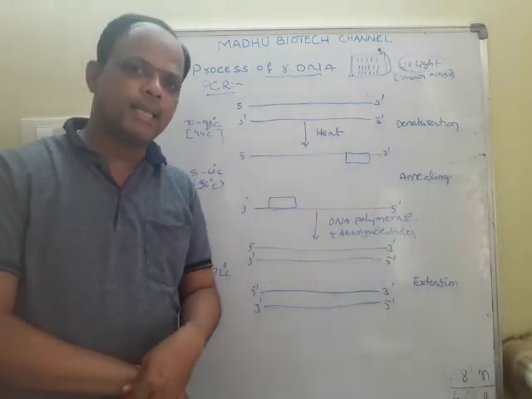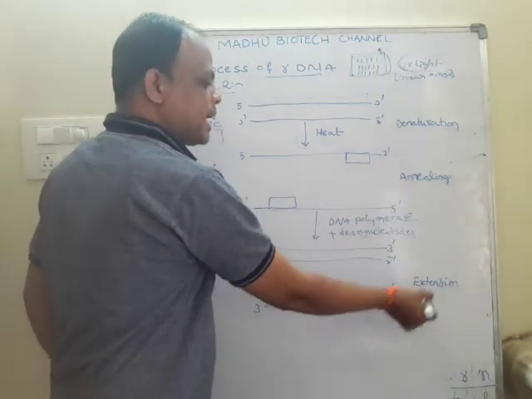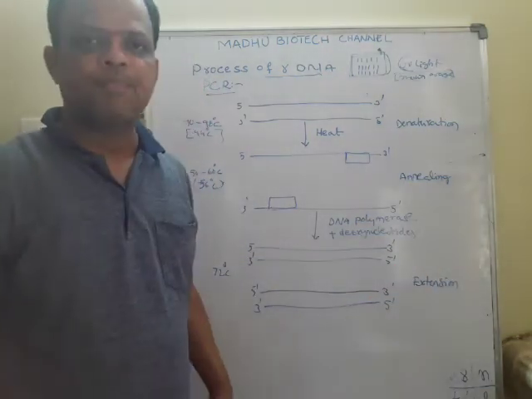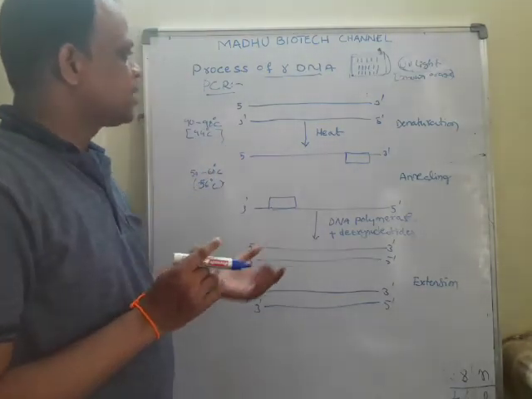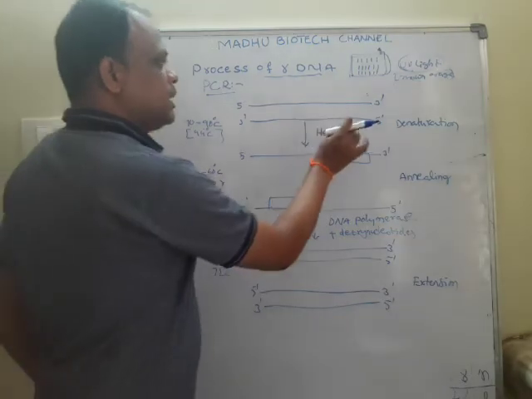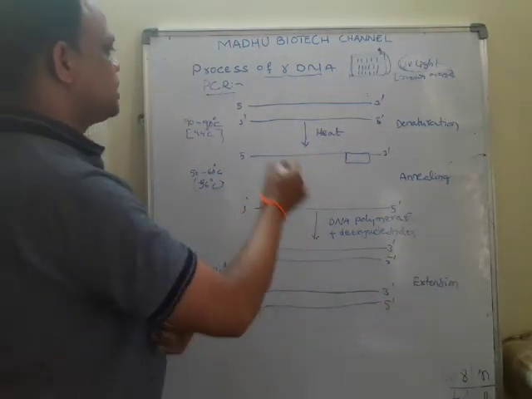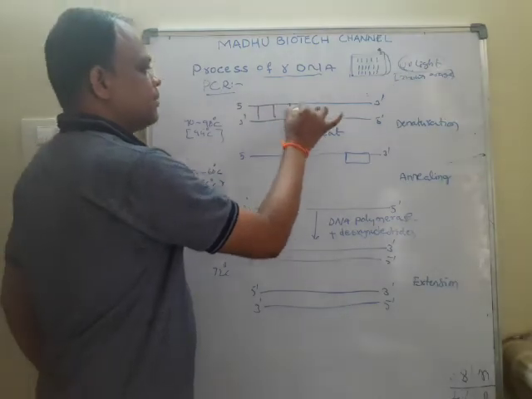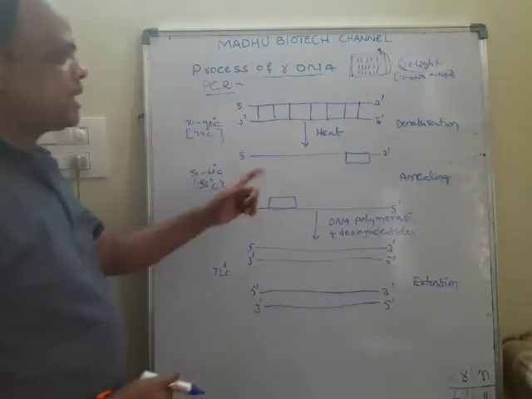The PCR technique contains three steps: denaturation, annealing and extension of primers. These are the three steps present in the PCR technique. The first step is denaturation. So this is the double stranded DNA, the desired gene we are amplifying with the PCR technique.